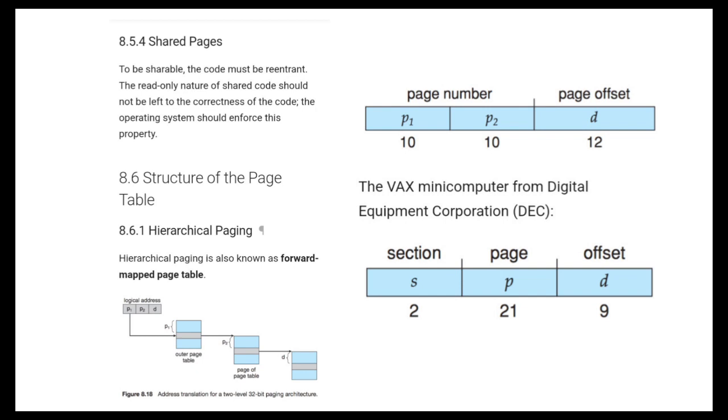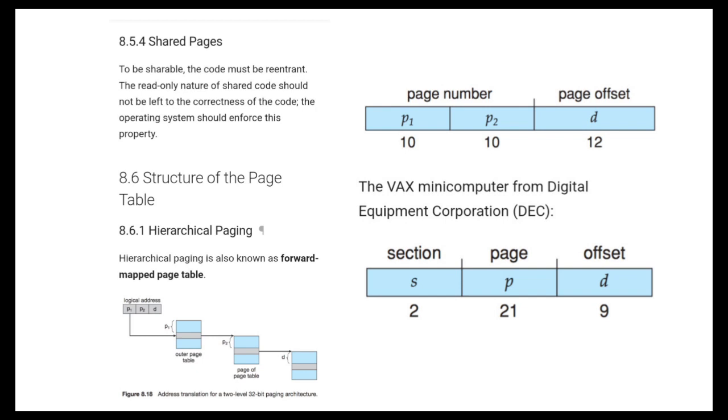Structure of the page table. Hierarchical paging. Most modern computer systems support a logical address space of 2^32 to 2^64.